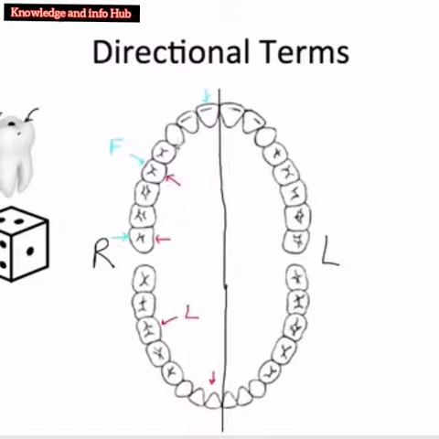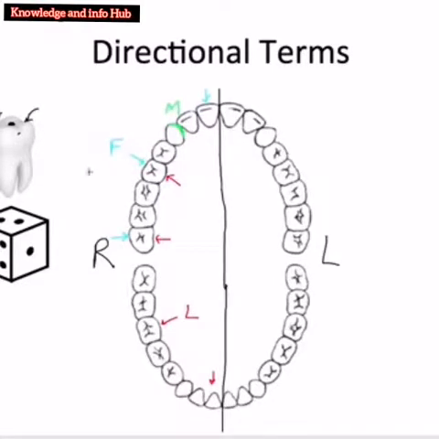So the midline is important because for the next two surfaces I'll talk about, you have to think in terms of orientation to the midline. So for this tooth number here, and this is number 1, 2, 3, 4, 5, 6, this surface right here that I'm going to highlight is facing towards the midline, whereas this surface here would be facing away. So the surface facing towards the midline is called the mesial surface.